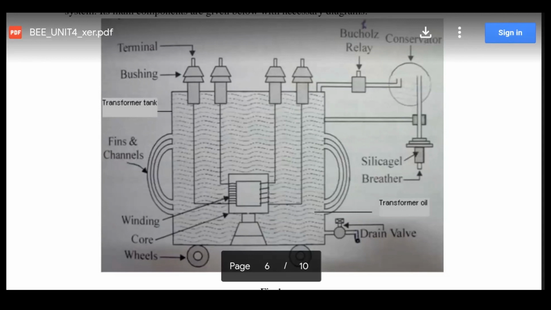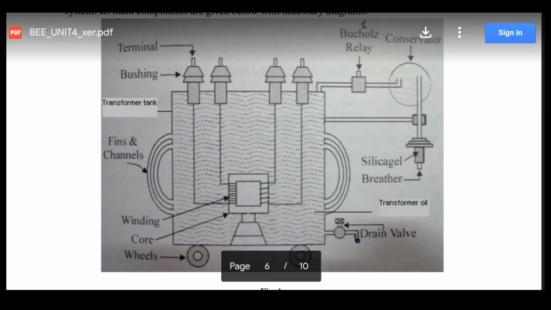Okay, it can be ferromagnetic material, it can be permanent magnet material, for example, Alnico. Why is it necessary? It is necessary so that the mmf produced is sufficient and the flux follows the mean path in the transformer core and leakage flux is minimum.